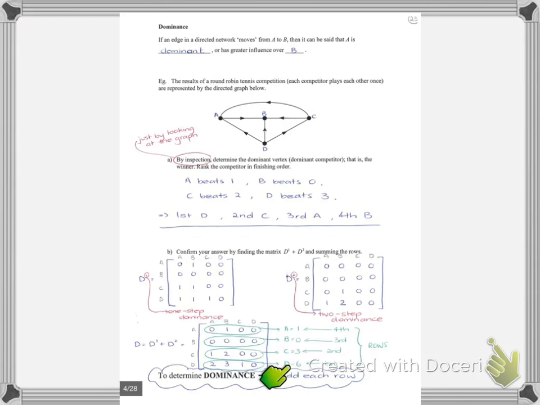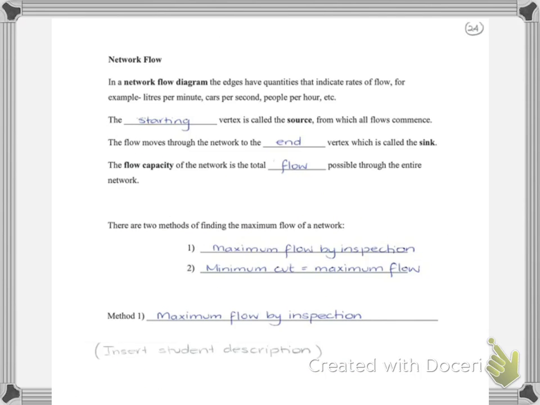So we would rank D in first position. Okay, and then we would rank C in second position, and this should say A in third position, so we'll need to correct that, and then B in fourth position, so just be aware of that error. So overall, to determine dominance, we add each row. And I think we'll just leave it there.